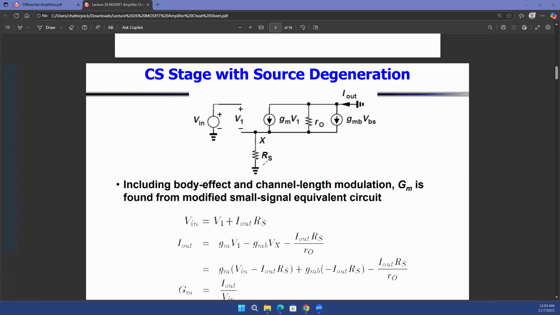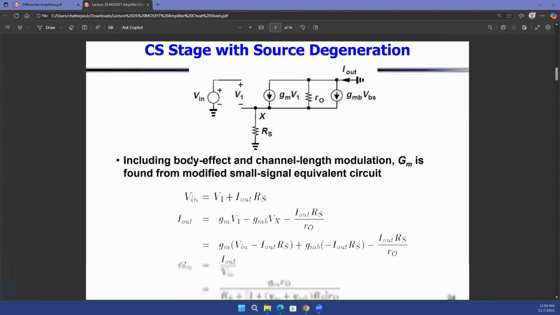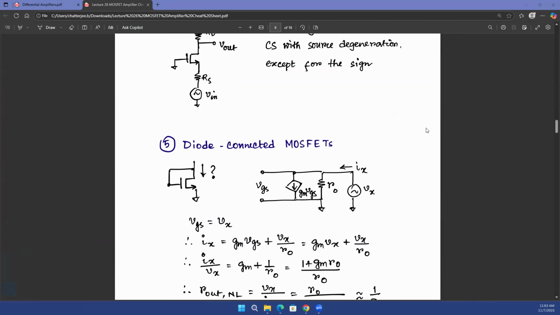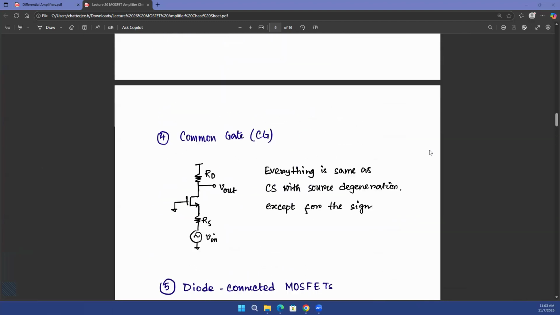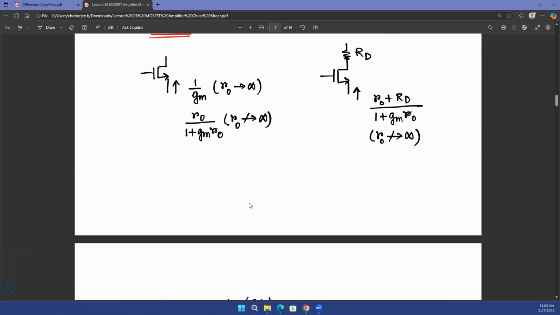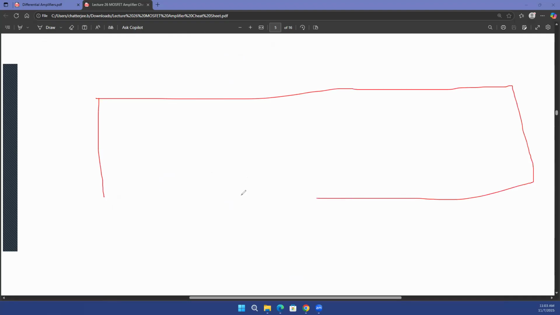But the problem is how the transistors are created in a semiconductor block. Let me draw it separately. Let's say you start with a semiconductor that looks like this. It's a p-type semiconductor.